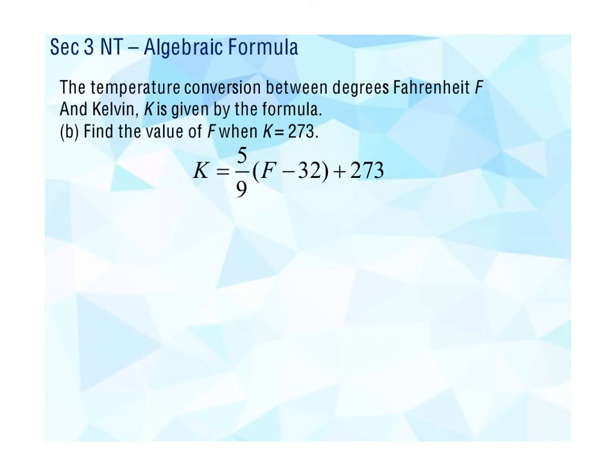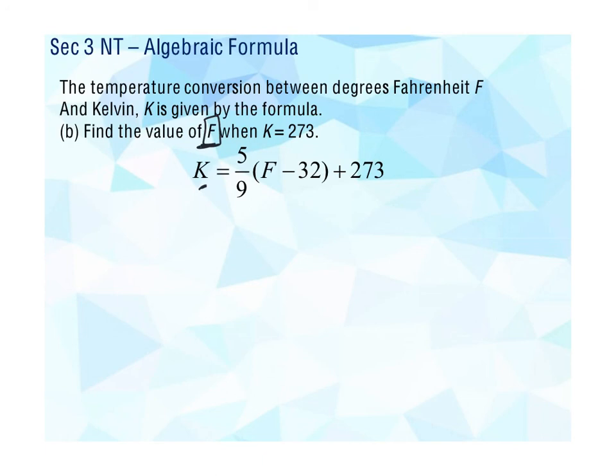Next part of the question. Find the value of F when K equals to 273. Now how can we do this efficiently? What normally we can do is we will write the whole formula, but we will change the value of K to be 273. But in this question, we are finding the value of F. Would it be better to use the formula that we have from our previous part of the question?